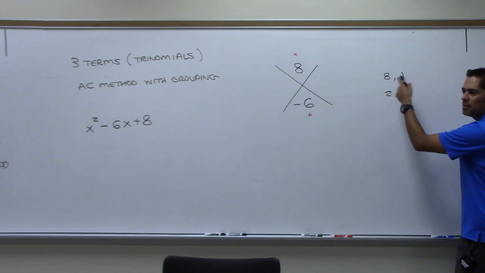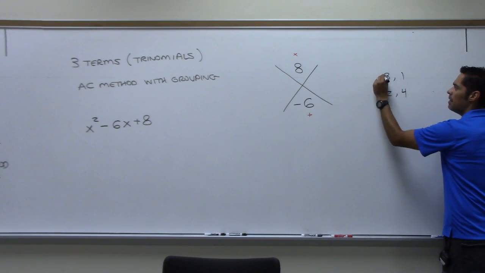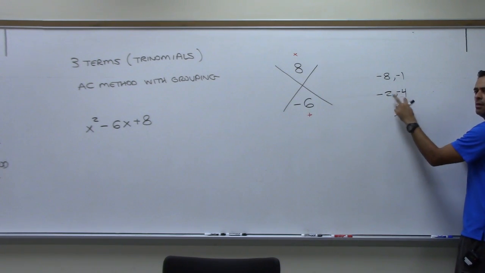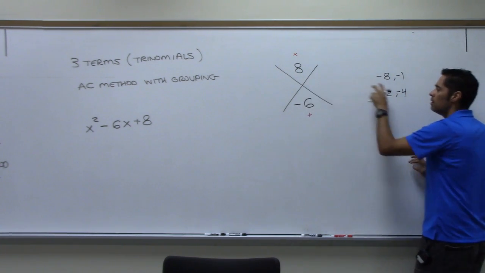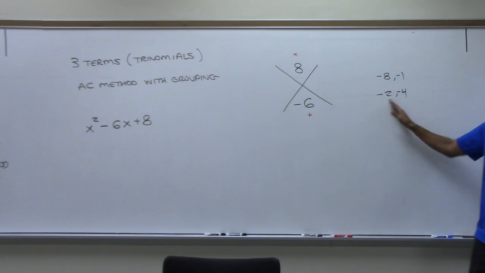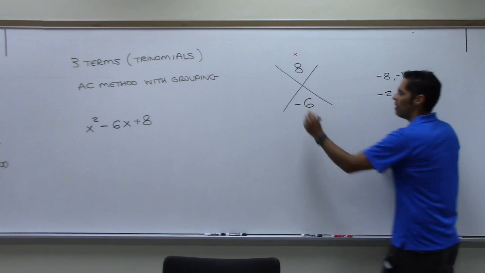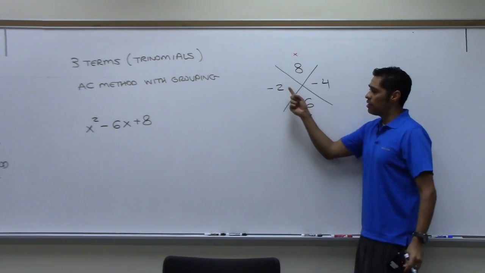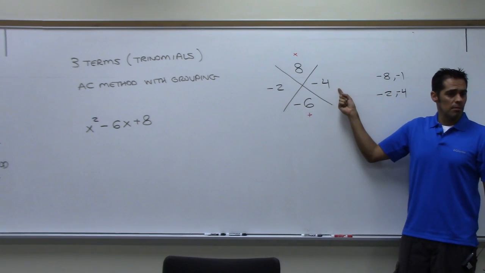So that means they both have to be negative. Like negative 8, negative 1, negative 2, and negative 4, right? Because two negatives multiply to be a positive. So which of these would add to be negative 6? Negative 2, negative 4, right? So I'm going to put here negative 2 and negative 4. And it doesn't matter. You could put negative 4 or negative 2, right? That doesn't matter.